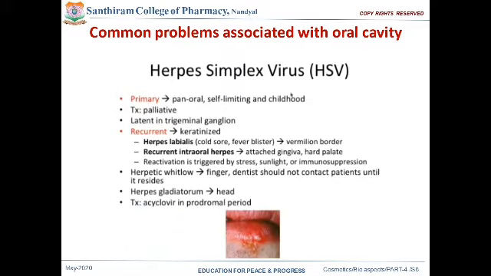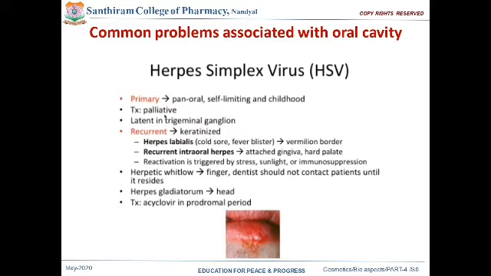This condition can occur pan-orally, which means that it can occur anywhere in and around the mouth. It's self-limiting, which means it will go away after a certain amount of time on its own, and it occurs mostly in childhood. Treatment for a primary herpes infection would be palliative, focused on trying to calm the symptoms with rinses that help with the pain, because it's a very painful condition.